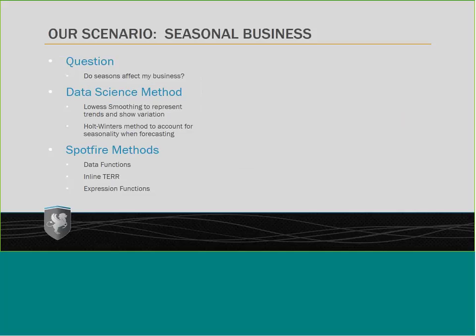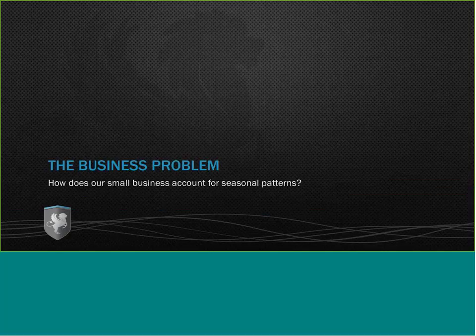To do these things, we will be exploring how we create data functions, Inline Ter, and expression functions in Spotfire. Data functions are really the opportunity for you to take the next step in Spotfire capabilities and go into some advanced analytics. These data science methods are an example, but data functions are the gateway.